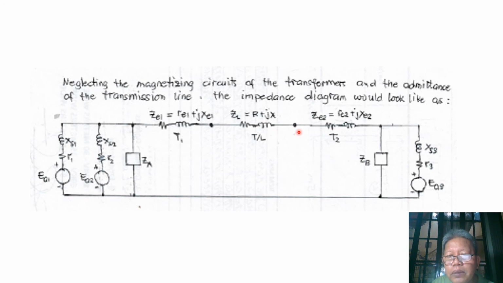At the end of the line, we have transformer 2 with the equivalent impedance ZE2, which is equal to RE2 plus jXE2. On this side, our second load is load B, represented by ZB, is still here, and our third generator is also right here. So this is now our simplified impedance diagram.